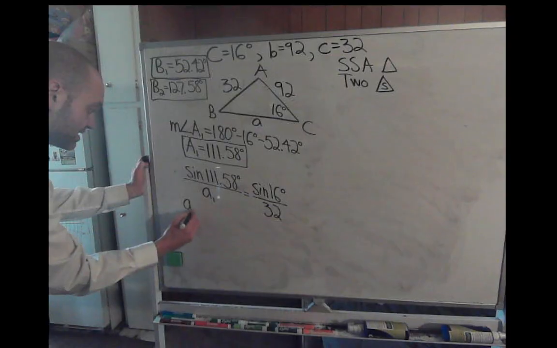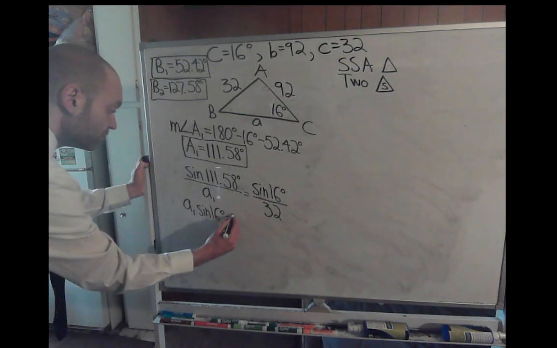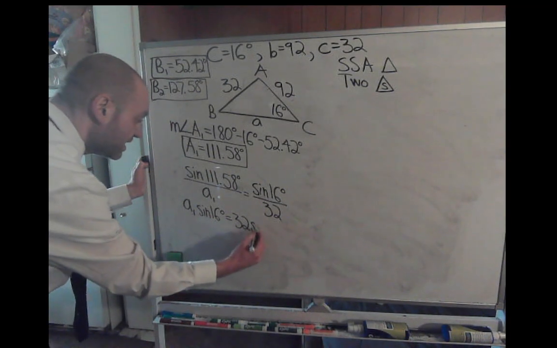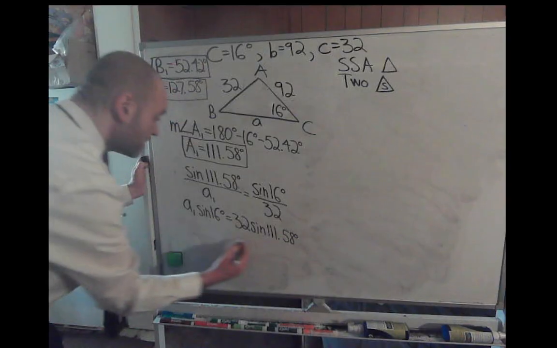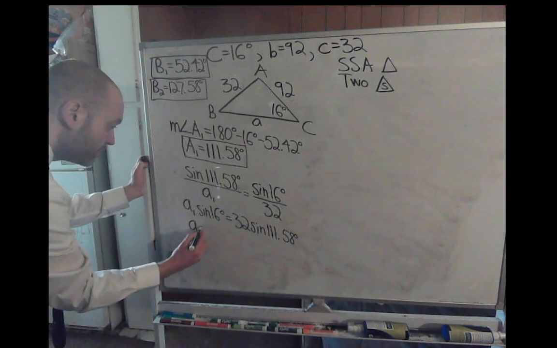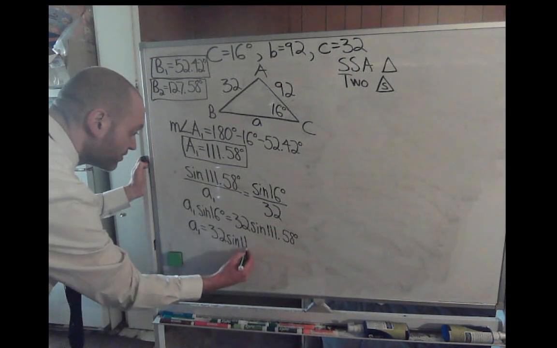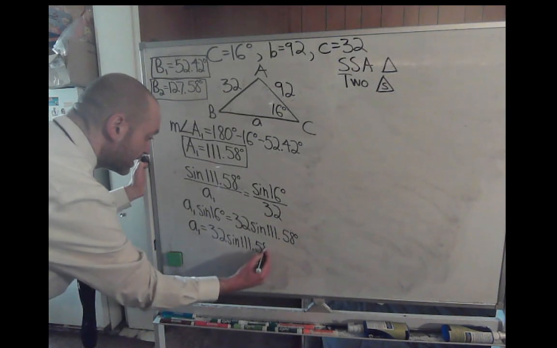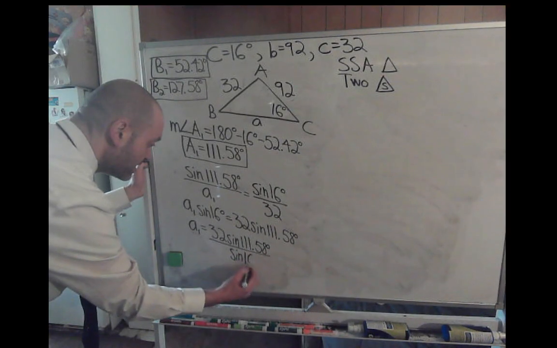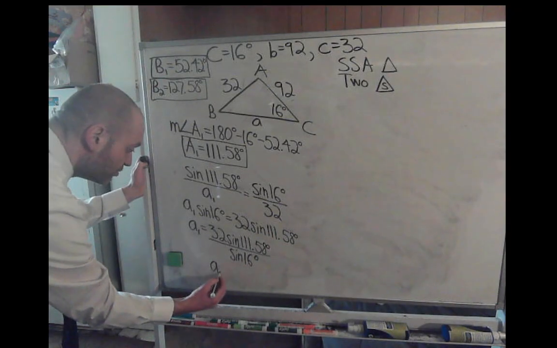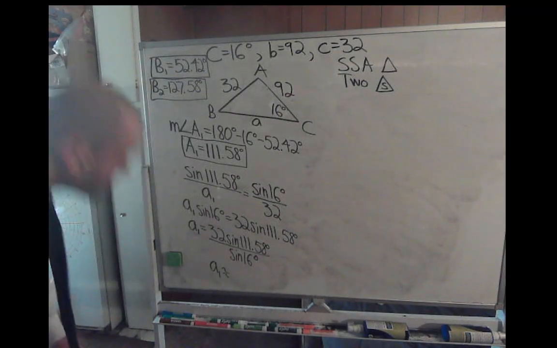So that means A sub 1 times the sine of 16 degrees equals 32 times the sine of 111.58 degrees. So then A sub 1 would equal 32 times the sine of 111.58 degrees all over the sine of 16 degrees. And now we can get a 2 decimal place approximation for this. So let's go ahead and do that.